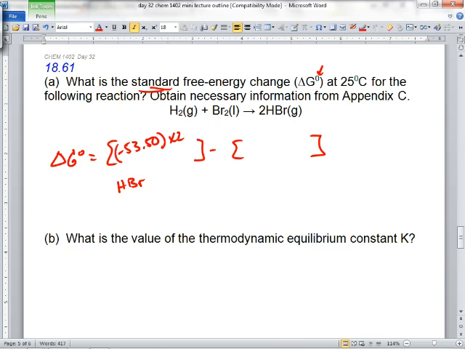Now we need Br2 liquid. Those bromines. Br2 liquid. The delta G for it. 0. How about the H2 gas? The delta G for it.